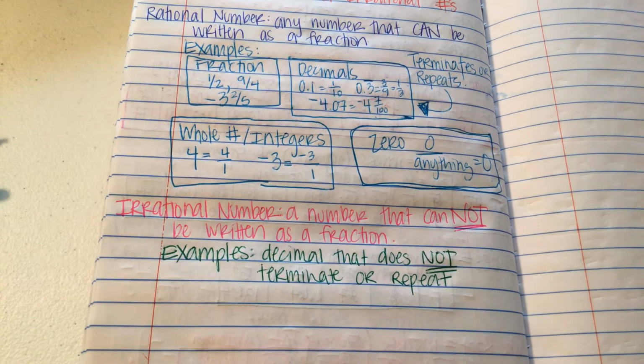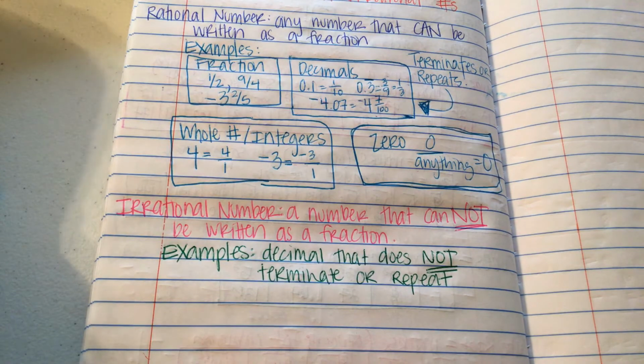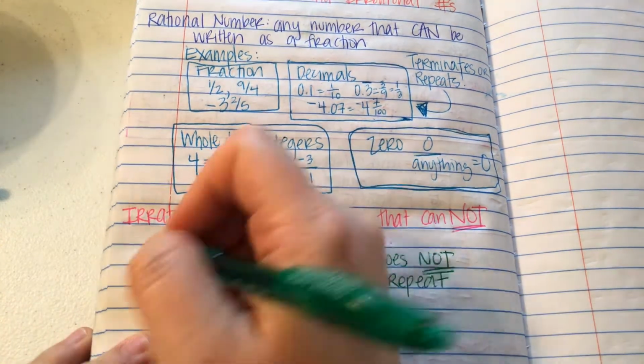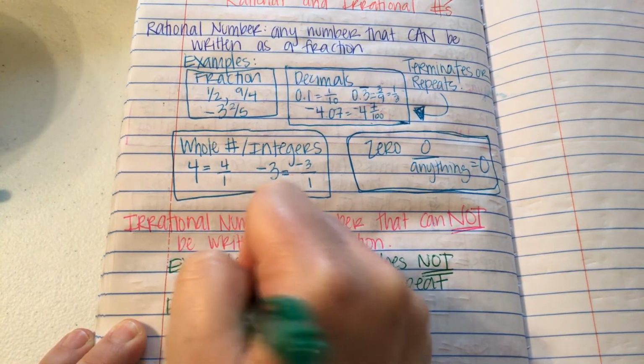Can you think of a number that you know really well? We use it a lot in geometry, a decimal value that never terminates, never ends, and never repeats. Did you think of one? There's a really famous one. Example: pi.